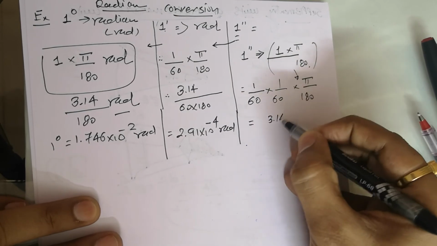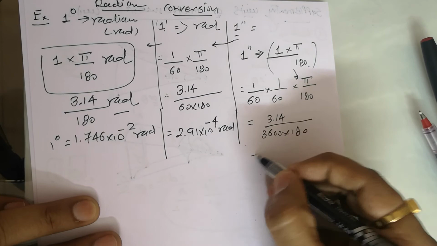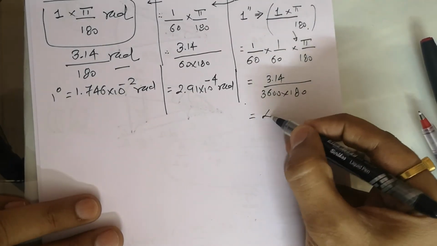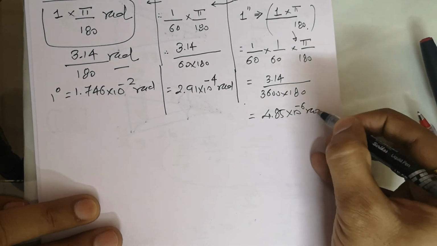So I have 3.14 divided by 3600 times 180, which gives me 4.85 times 10 to the power minus 6 radians.